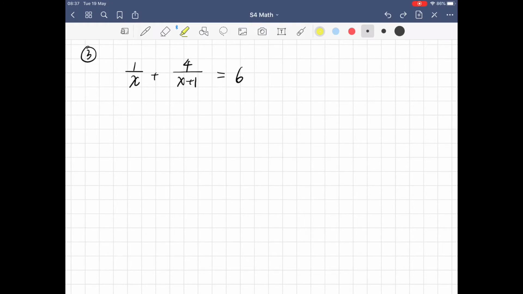For the x, you can imagine it is similar to 2, and for the x plus 1, it is similar to the number 3. Okay, and therefore, we can multiply both sides with the common multiple of x and x plus 1. And the answer is x times x plus 1.